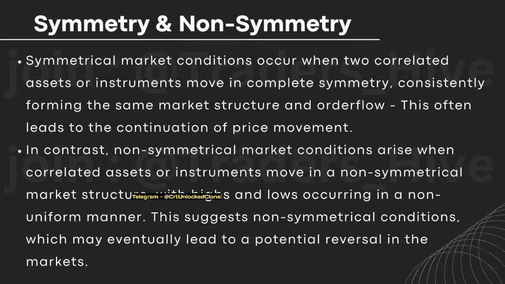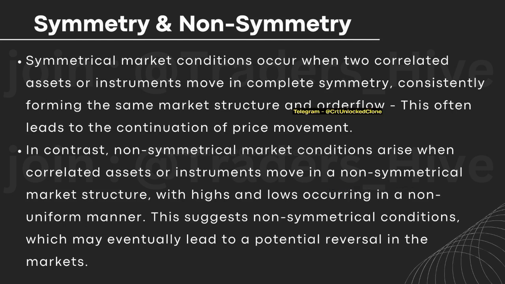Moving on, in this slide, we're going to discuss what symmetrical and non-symmetrical market conditions mean, how they work, and how we can use their core concept in our analysis to gain conviction. So, symmetry is basically defined as proportionate and balanced similarity found in two correlated or similar objects or structures, right?